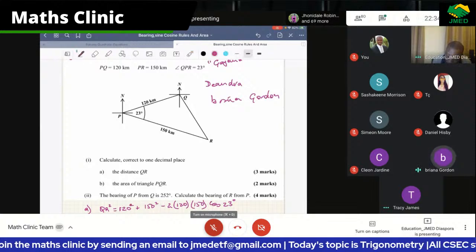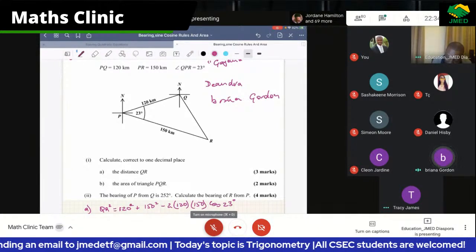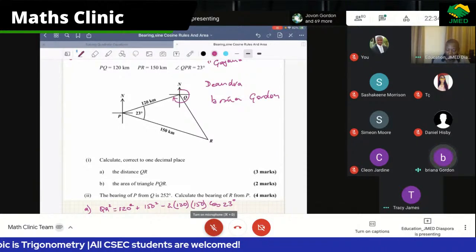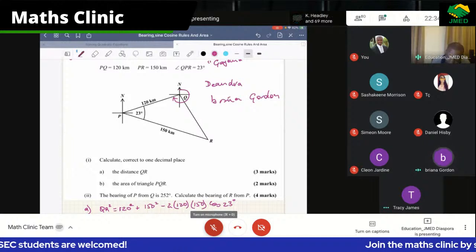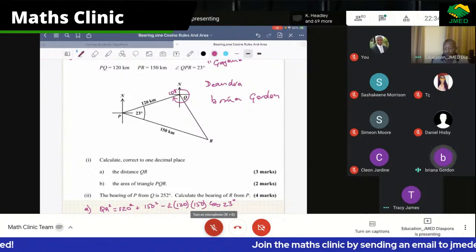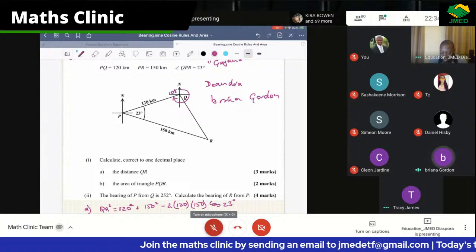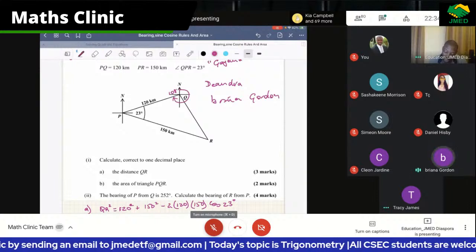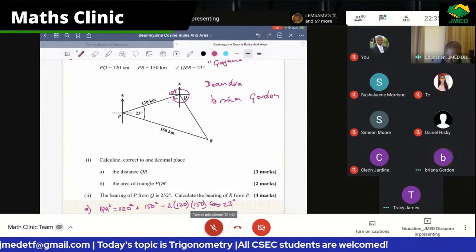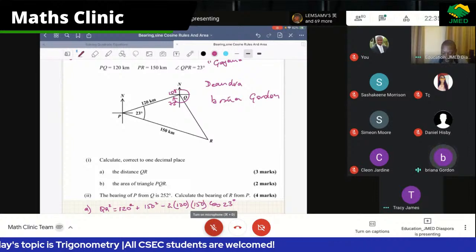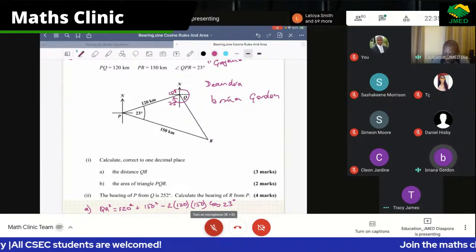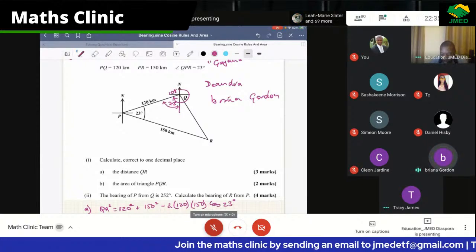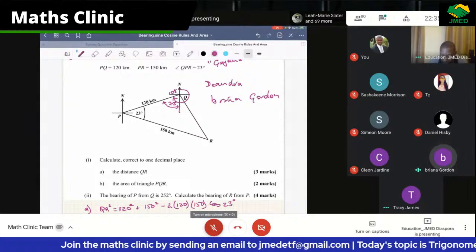So what you're going to do is subtract 252 from 360, which will give you 108. So you're saying that here is 108. Yes sir, and then you subtract 108 from 180, which is 72. So you get this angle to be 72 degrees. And then you add that with the 23, which will give you 95 degrees.